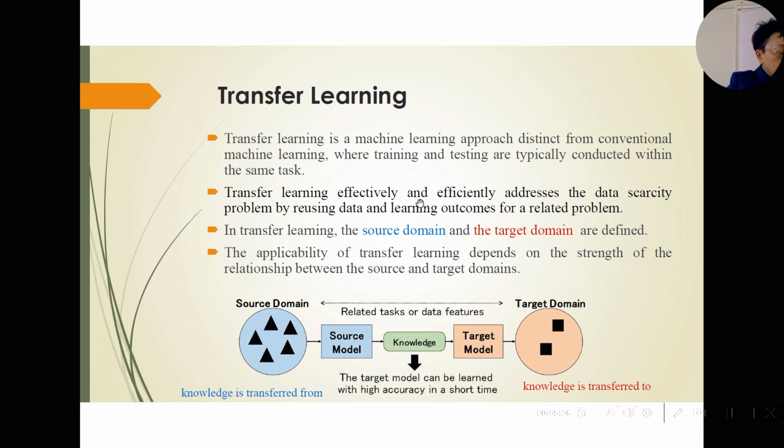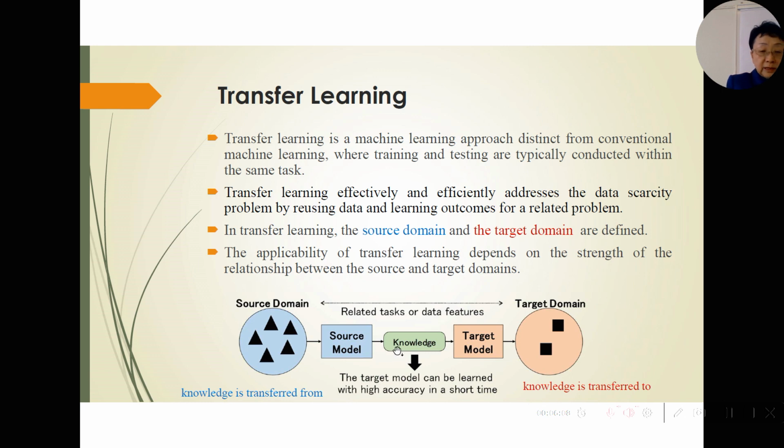In transfer learning, the knowledge gained from a given task is utilized for a new task. In other words, transfer learning effectively and efficiently addresses the data scarcity problem by reusing data and learning outcomes from a related problem.